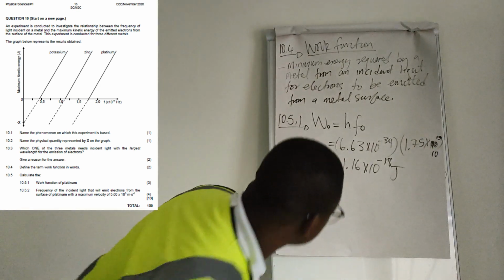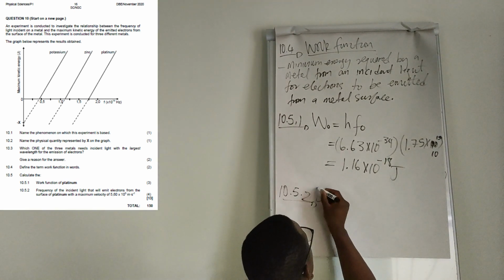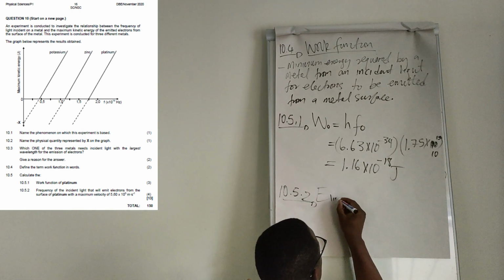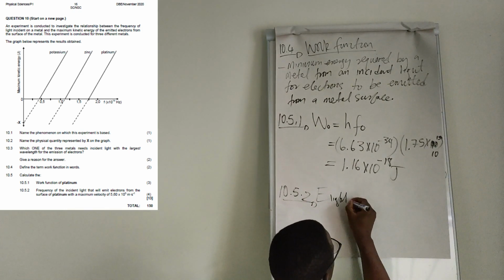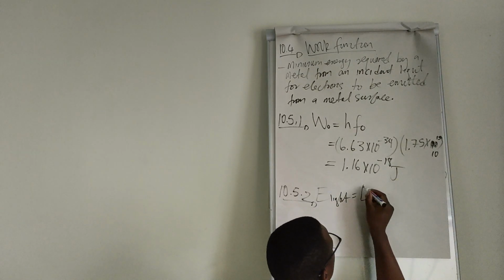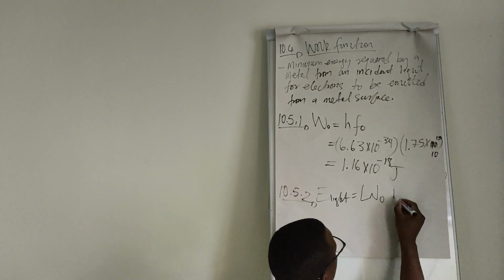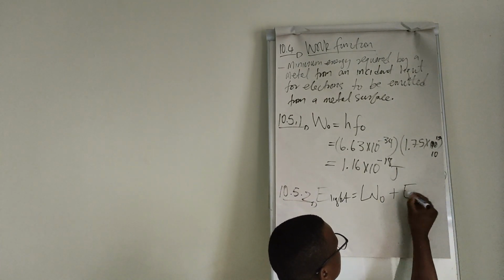Say, okay, the energy of an incident light is equal to work function plus kinetic energy.